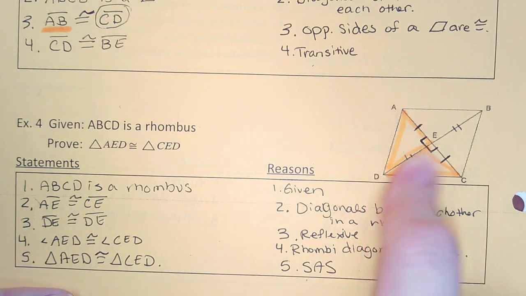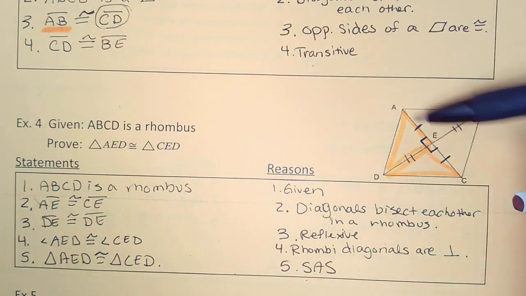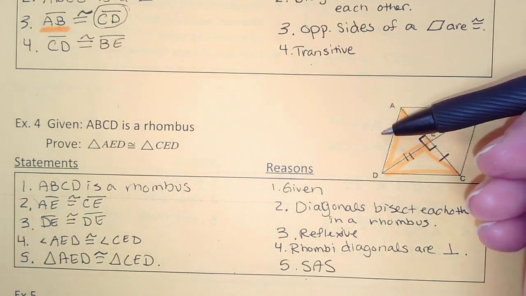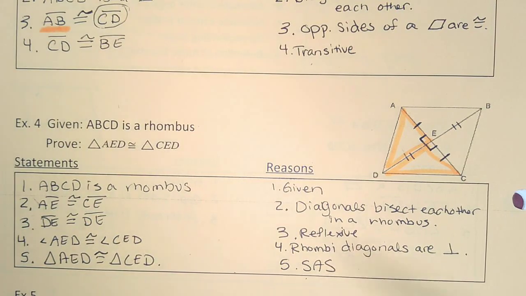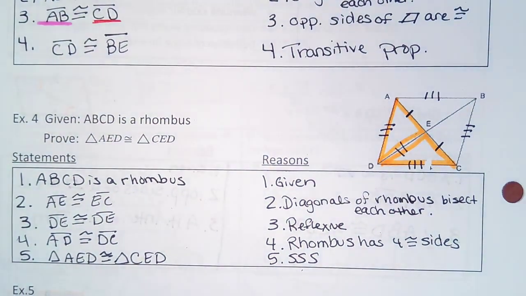Then I could say side angle side to say they're congruent. I could have used hypotenuse leg if I didn't talk about the diagonals here and I talked about all the sides. So a leg and a diagonal, and use HL. Still would need this step 4 though. Many options. Let's go ahead and do our last one.